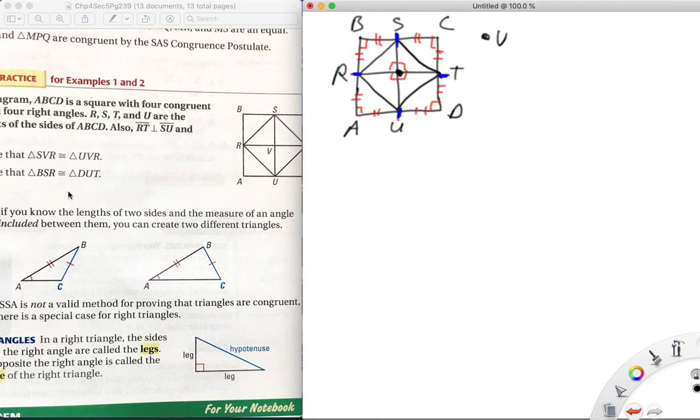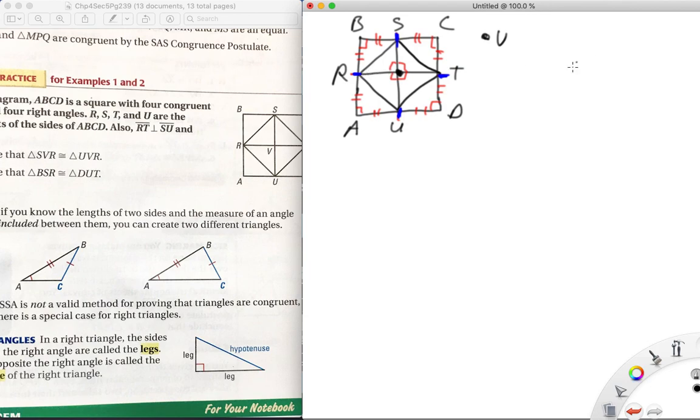Alright, so they want us to prove that SVR is congruent to that guy. So, here's S, V, and R. And then here is U, V, and T. S, V, R, U, V, R. Okay.